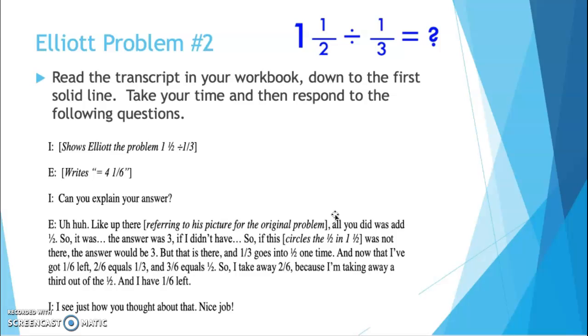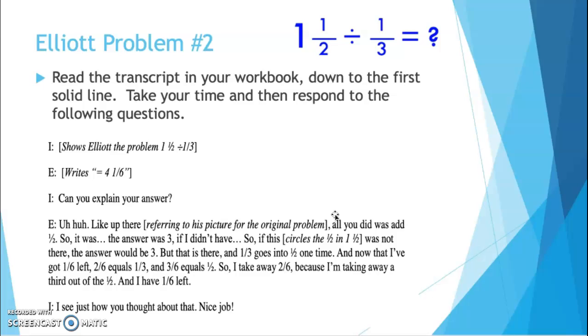Referring to his picture of the original problem, Elliott says: all you did was add a half. So the answer was 3 if I didn't have this, and he circles the half in 1 1/2, was not there, then the answer would be 3. But that is there.